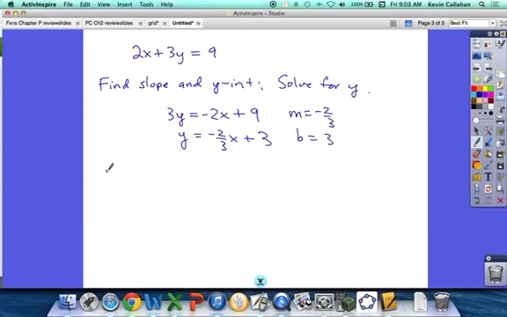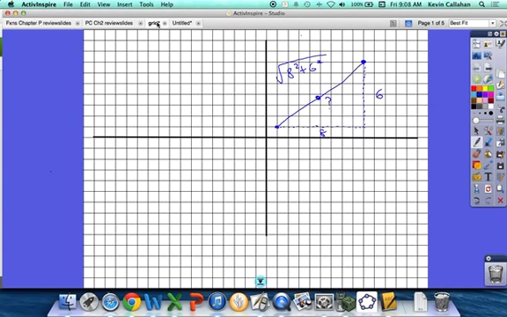Now, if you had to sketch the line, which I don't think is part of the question on the test, it just says find the slope and y-intercept. But let's say we were going to sketch the graph of the line. M is negative 2/3, b is 3. B is 3, so go up here.